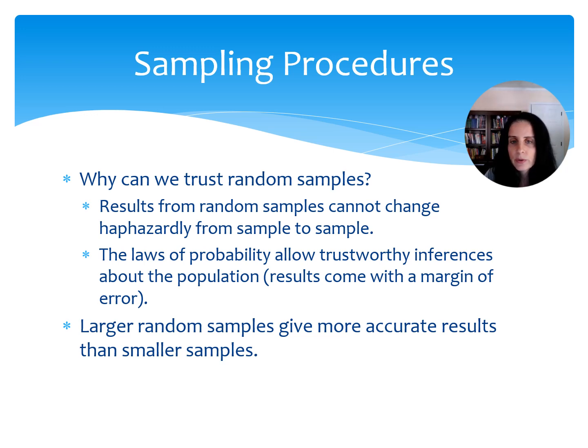For each set of results, we can also compute a margin of error as an index of estimation precision. The larger the random sample, the smaller the margin of error. This means that results based on large random samples are more precise, are more accurate estimations of the true values.